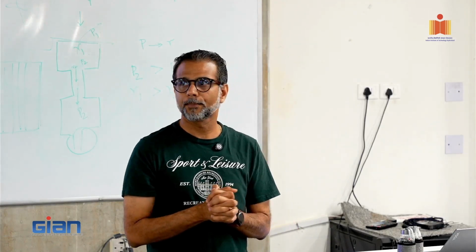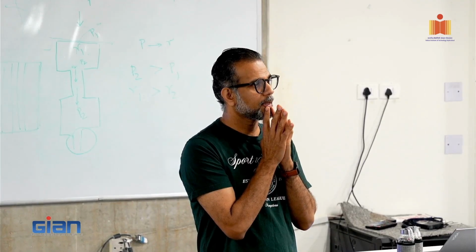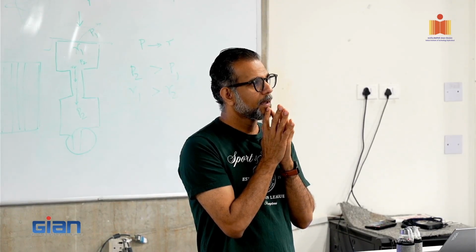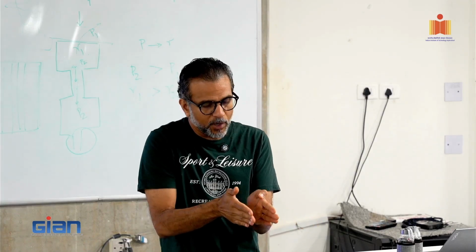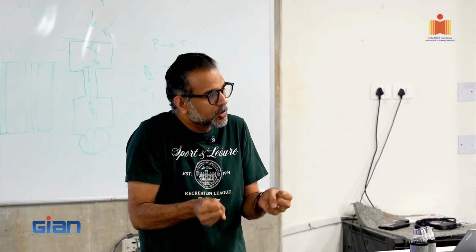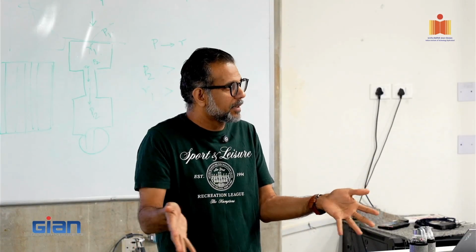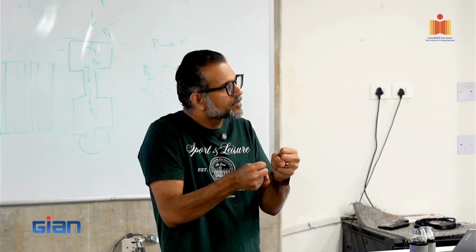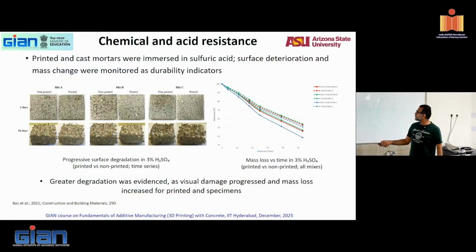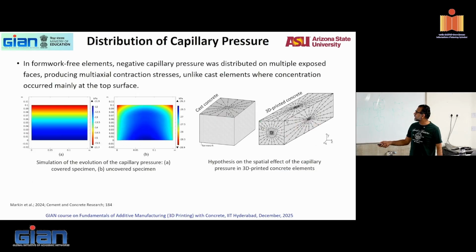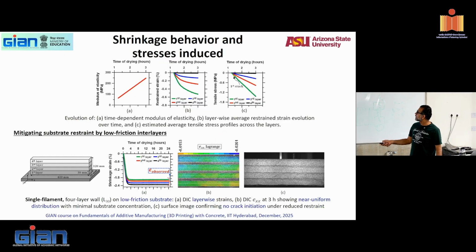So when there are multiple filaments, the shrinkage will be lower, right? Because shrinkage is restrained. The more layers you add, you are holding on. The middle one, for example, is not allowed to move by things on both sides. So yes, you will have reduced shrinkage, and that's what his results show: when you do multiple filament printing, the measured shrinkage is lower than single filament.